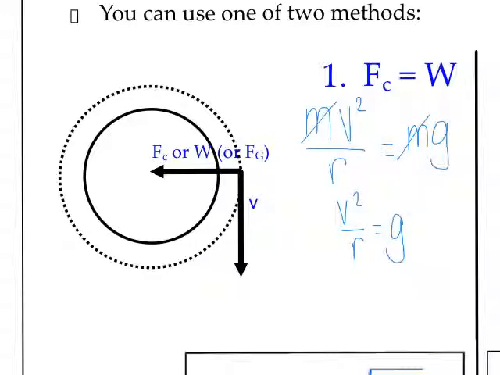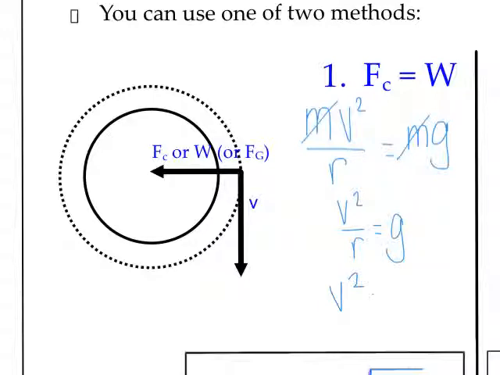So because I'm moving around in a circle, this centripetal acceleration, the v squared over r, happens to have the same value as the acceleration due to gravity, which would be 9.8 meters per second squared on Earth. But I'm interested in how fast I need to be going, what this velocity is to stay in orbit. So I'm going to keep rearranging until I solve for v.